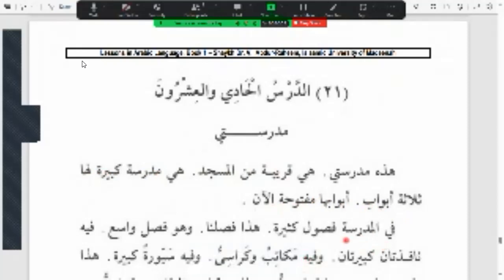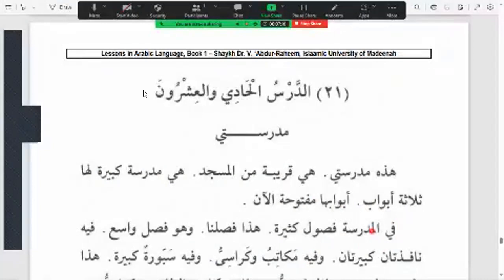في المدرسة فصول كثيرة. If a sentence begins with fi, we say this is shibh jumla khabarun muqaddam. Why? Because in a normal scenario we always start with the mubtada.